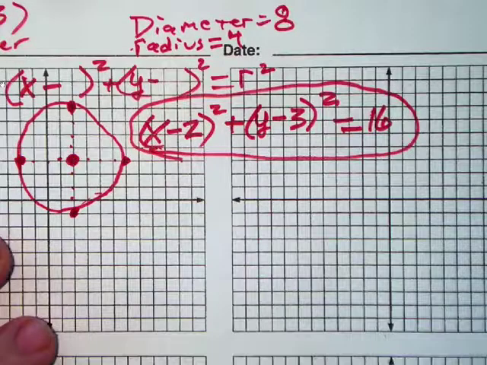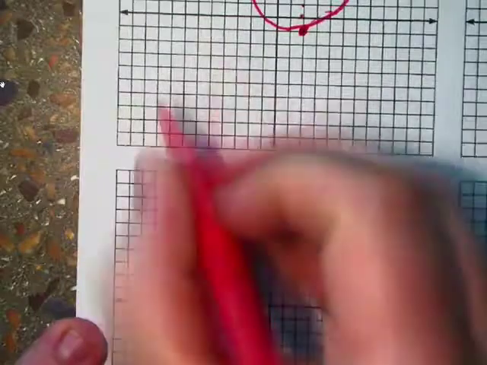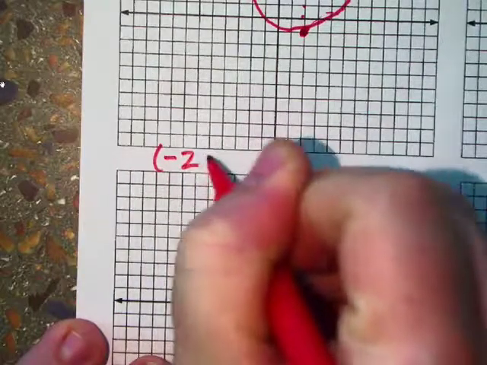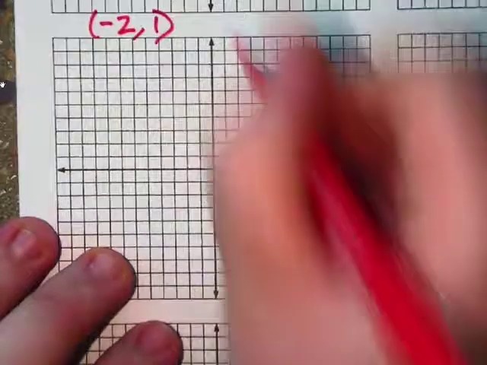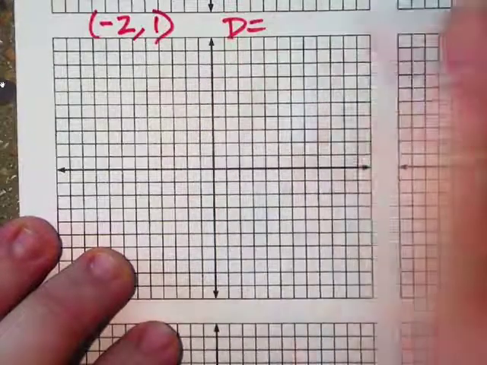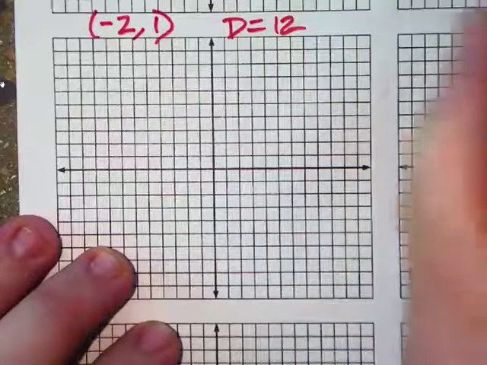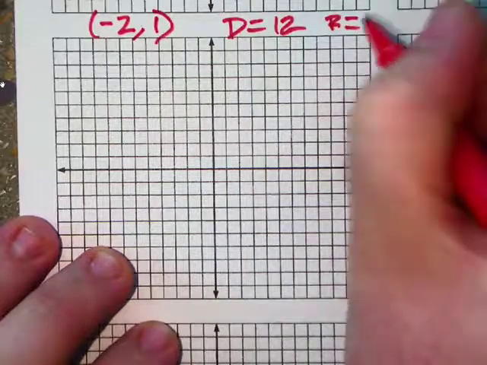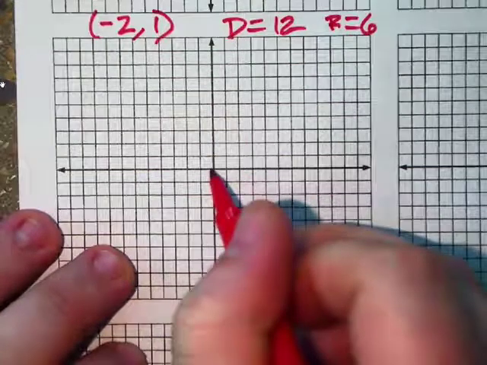Let me go ahead and do another one. Let's say our center is negative 2, 1, and let's say the diameter is 12. That would make the radius half of that number, which would be 6. So let's find the center on the graph.